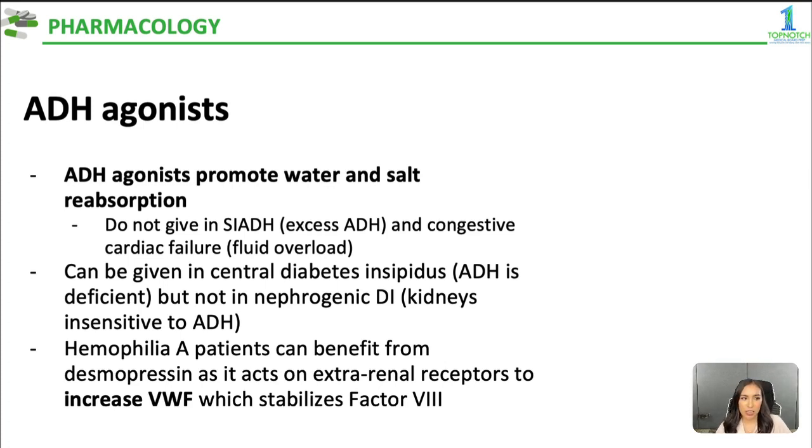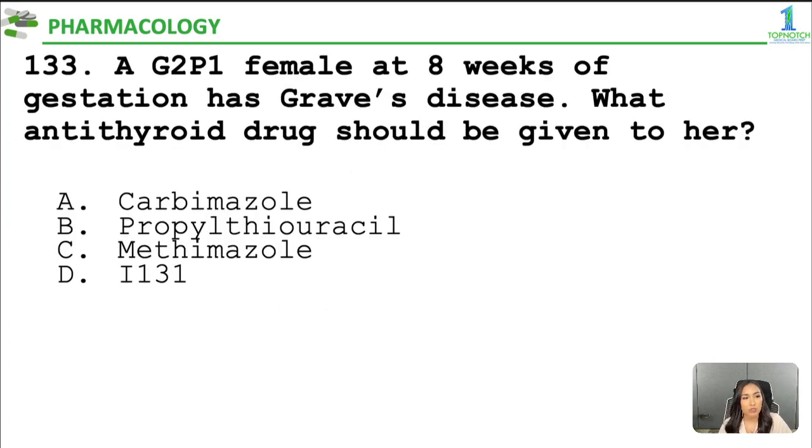Kasi sa nephrogenic DI, maski marami kang ADH, unresponsive na yung kidneys mo. It can also be used in hemophilia A because it acts on extrarenal receptors to increase von Willebrand factor, which stabilizes factor 8. Remember hemophilia A? Factor 8 deficiency, diba?